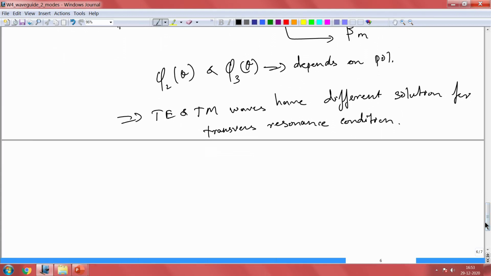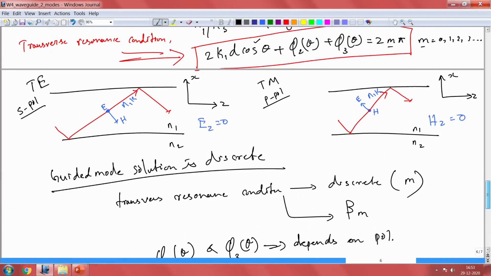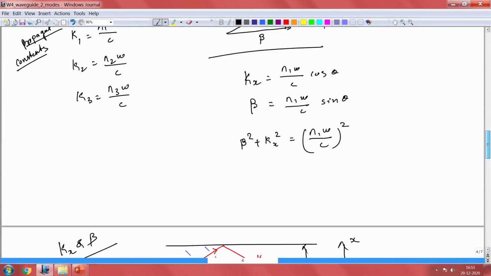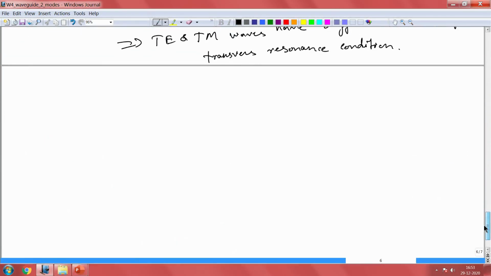Another important thing is for a given polarization, let us say whether it is TE or TM polarization, the resonant condition that you have for a small beta would correspond to small theta. So, let us go back, probably I will draw a new one that is better.